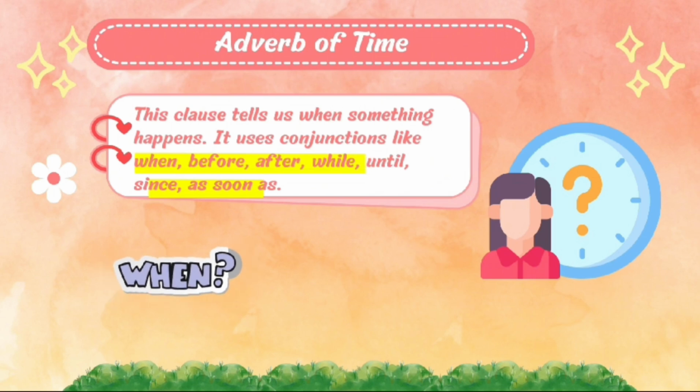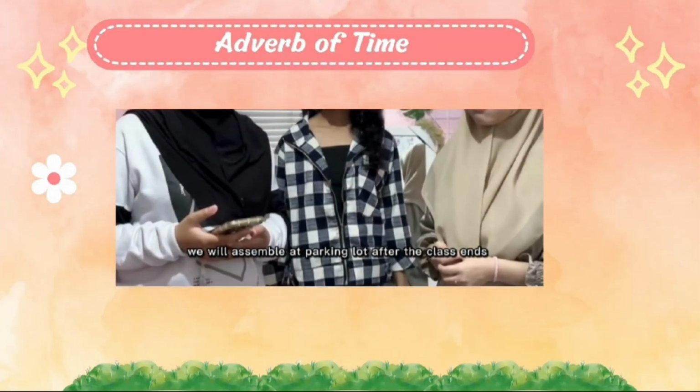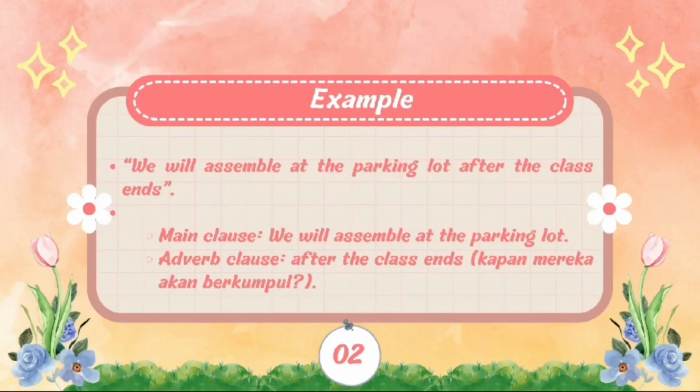Like the example sentence in the previous video's conversation, we will assemble at the parking lot after the class ends. The sentence we will assemble at the parking lot is a main clause, a sentence that can stand alone, while after the class ends is an adverb clause that indicates when they will assemble.